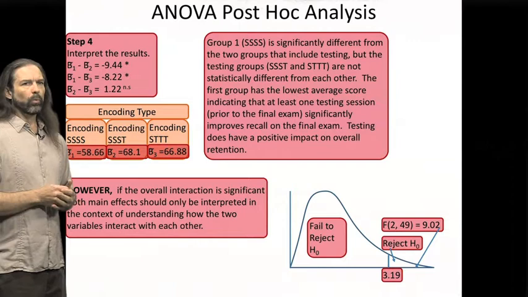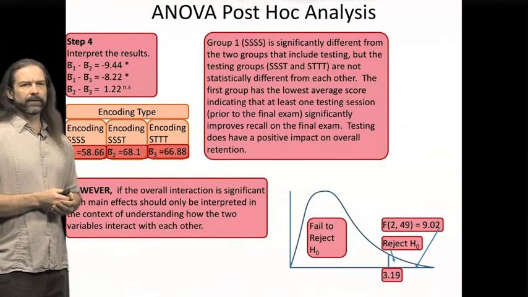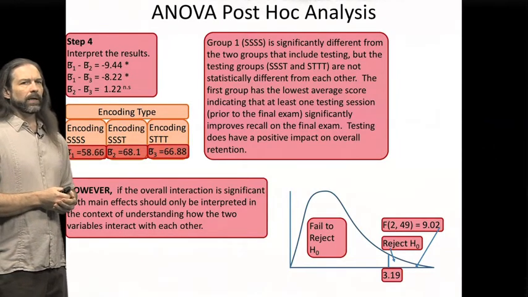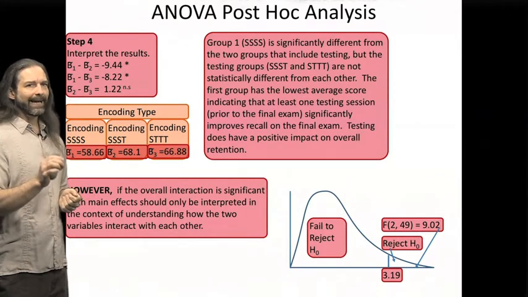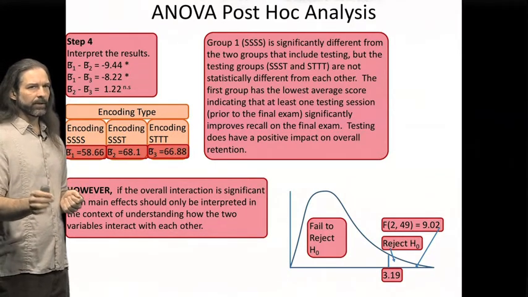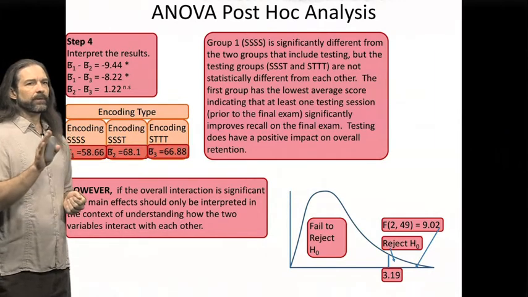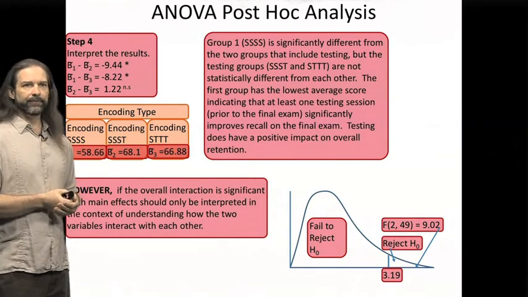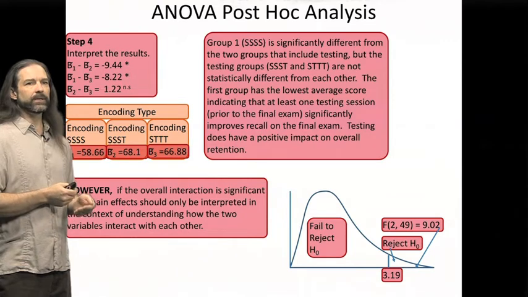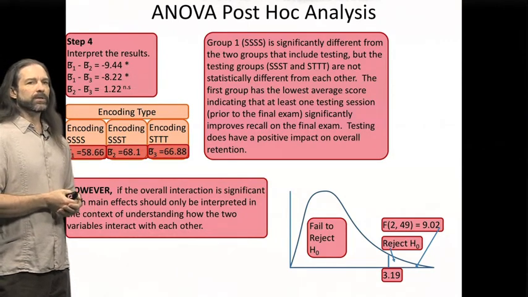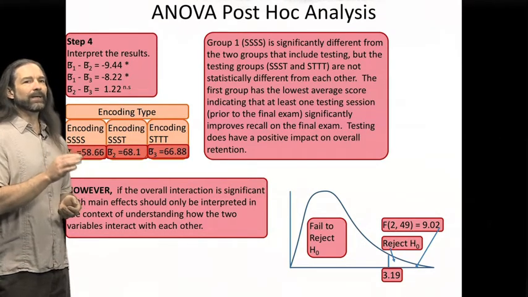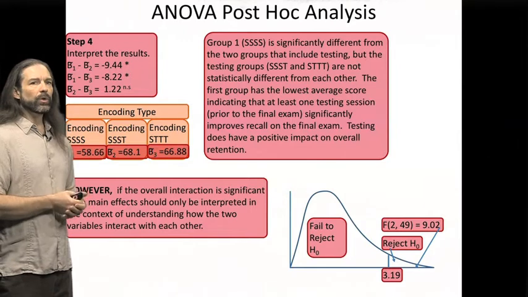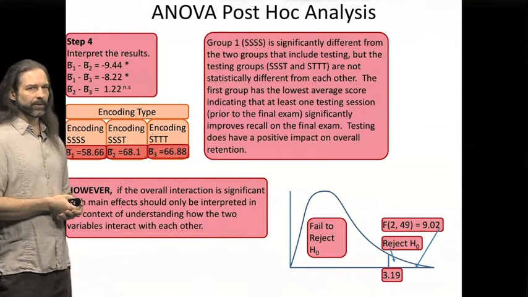However, when you are doing a two-factor analysis of variance, if your interaction is significant, then you must only interpret the significant main effects in relation to a significant interaction.